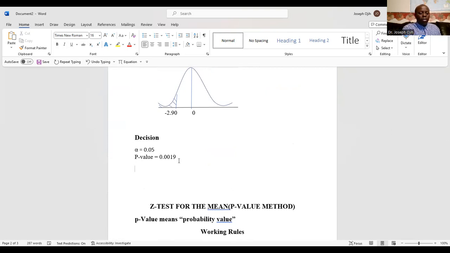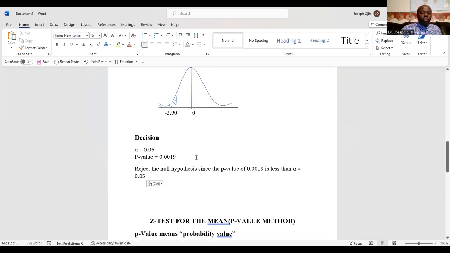So we will reject the null hypothesis since the p-value of 0.0019 is less than the alpha of 0.05.